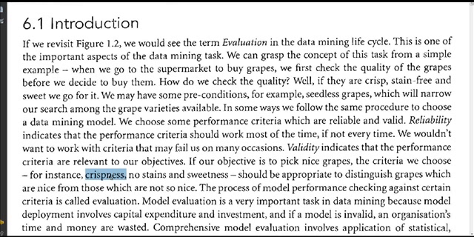That wouldn't be so great. So validity indicates that the performance criteria, in this case crispness, are relevant to our objectives. Our objectives are like getting good grapes. Just because they're crisp, maybe that doesn't really mean that they're good. Okay, so that's the concept of validity.